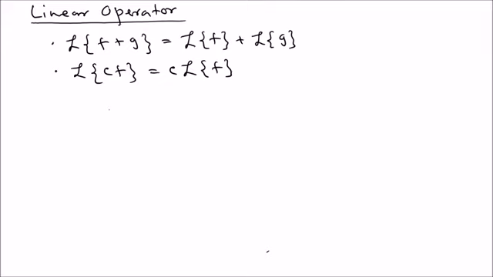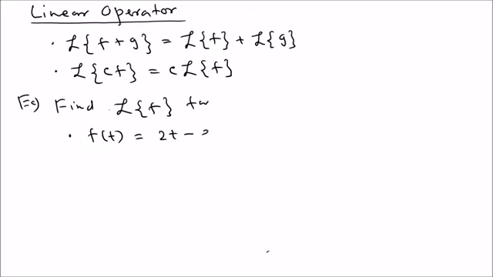So let's do two problems from that. Let's do this one. Find the Laplace transform of f(t) equals 2t minus e to the negative 2t plus sine 3t.